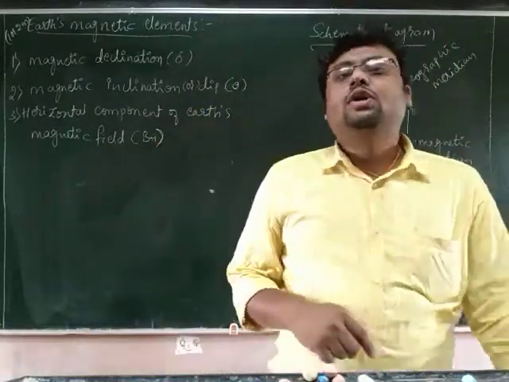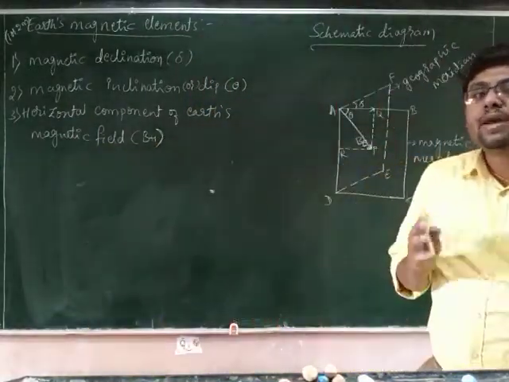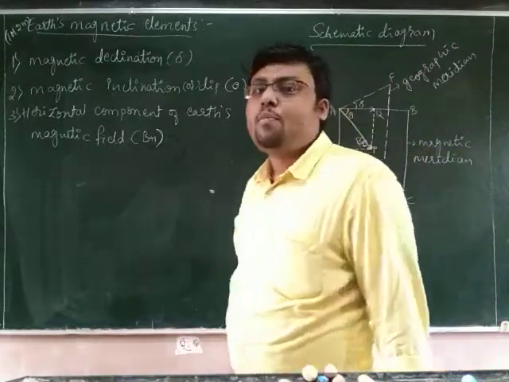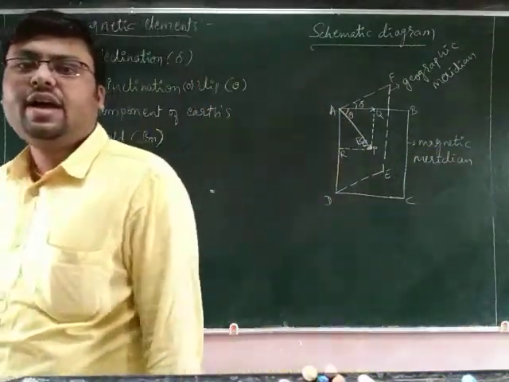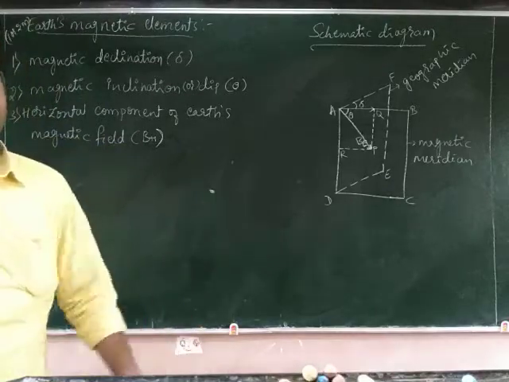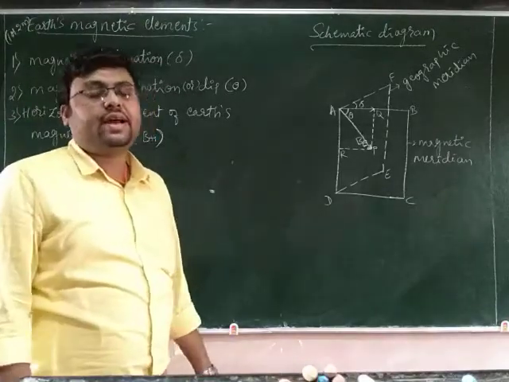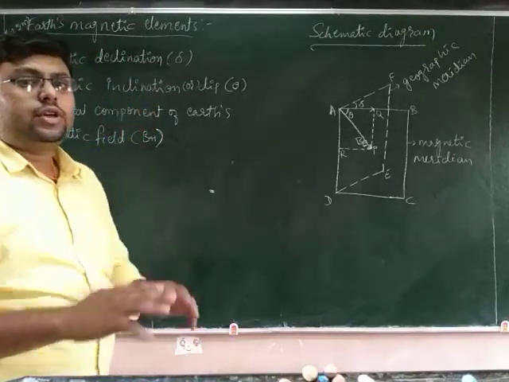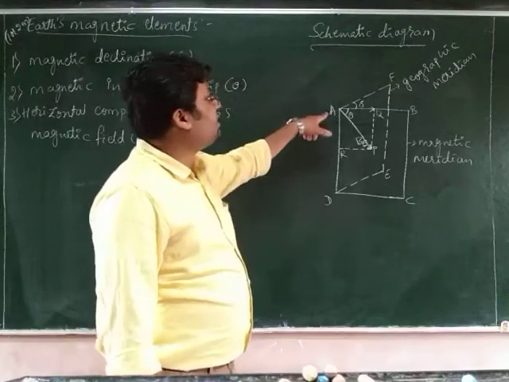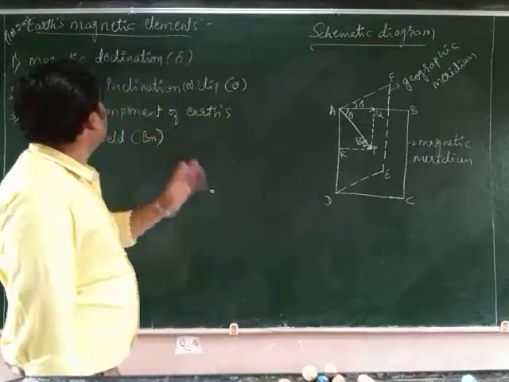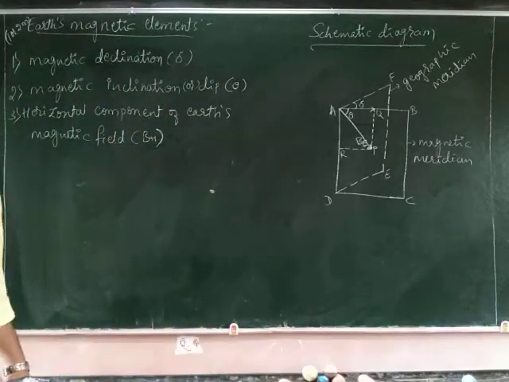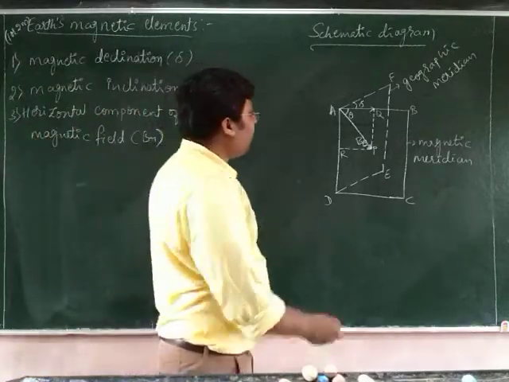The magnetic meridian is an imaginary plane passing through the poles of the magnet and also through that place where we are finding the magnetic field. You can look here, this is the schematic diagram of the Earth's magnetic elements.